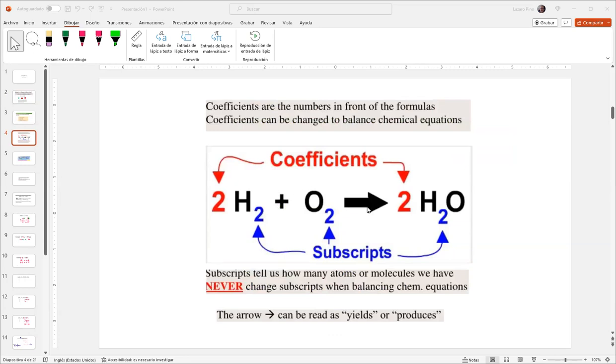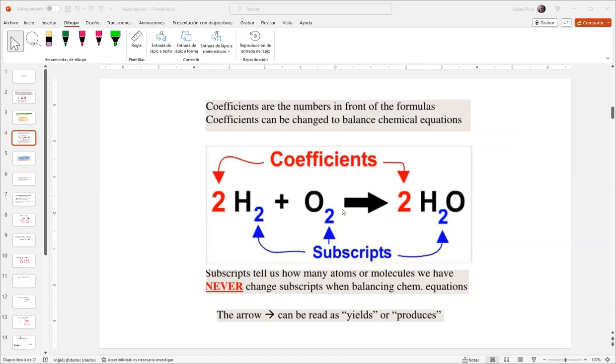In a chemical reaction, as I told you, we have the reactants to the left. They are separated by a plus sign that is like a comma when we are writing letters. And we have coefficients.